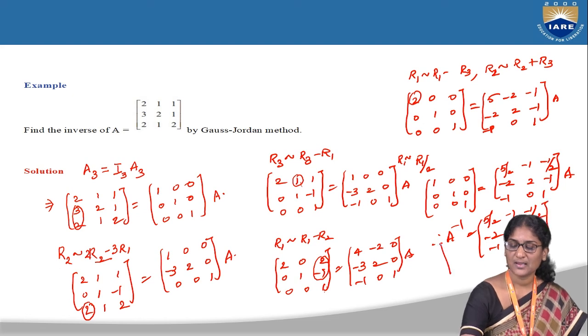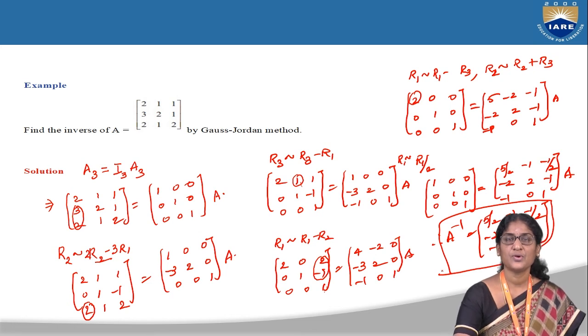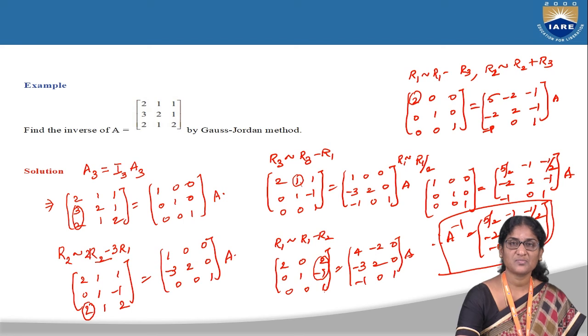So this is the inverse of the given matrix. This is how we can find the inverse by using the Gauss-Jordan method for any order of the matrix.